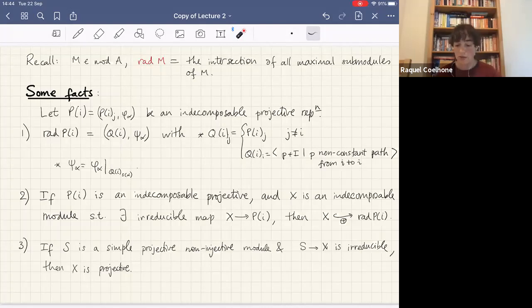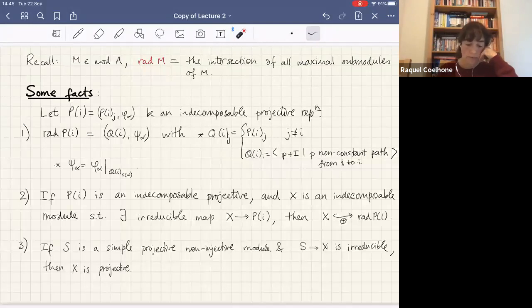The radical of a projective is a representation which is basically the same as the projective, but you ignore the constant path at the vertex corresponding to the projective. So Q_ij is P_ij if j is not i, and for Q_i you look at all the paths from i to i which are not constant.